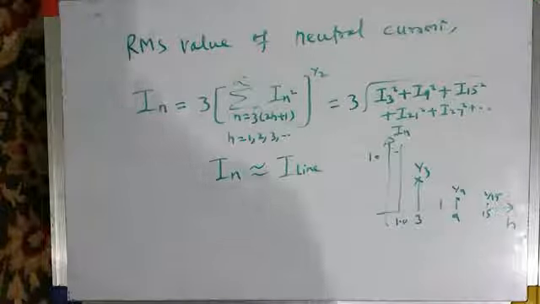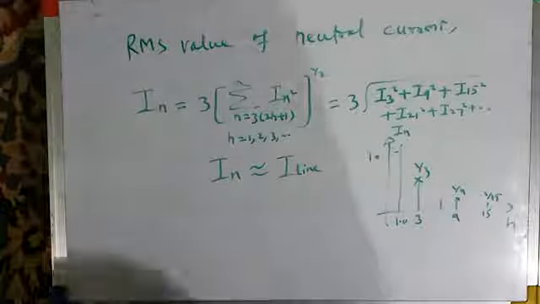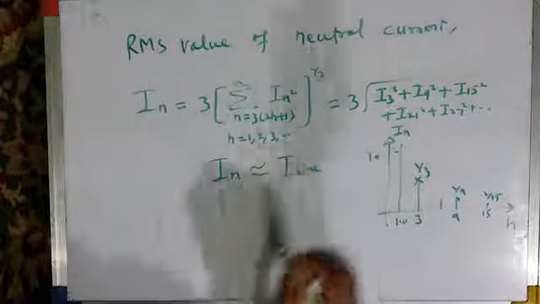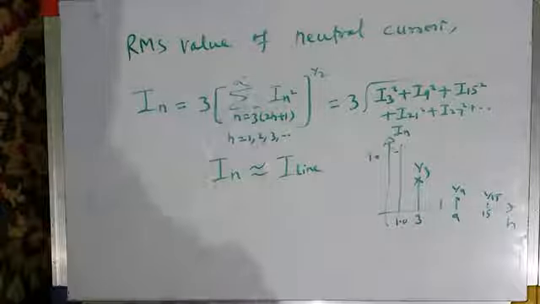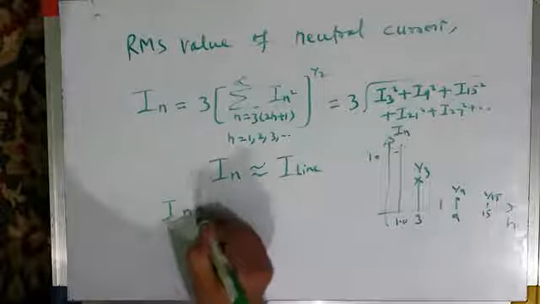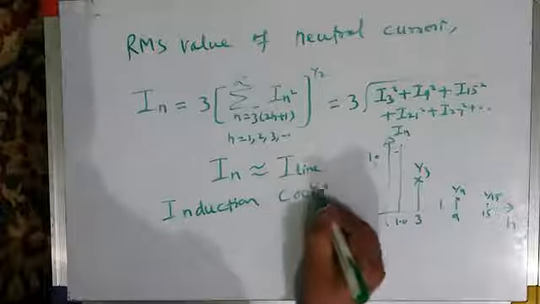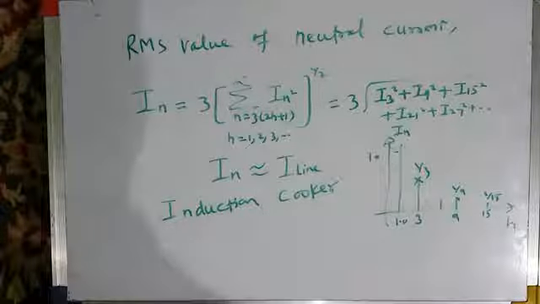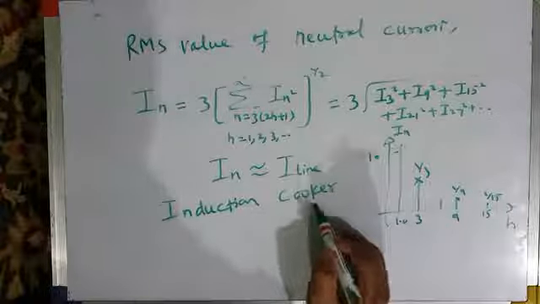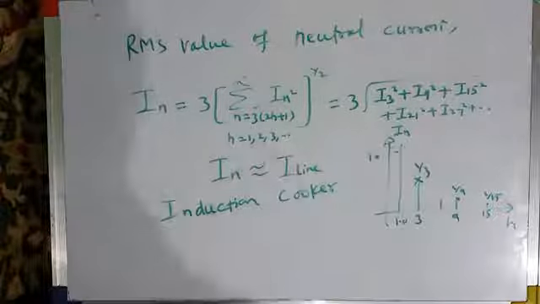And in modern loads, especially single phase loads, let me tell you, we are using, even in domestic applications, various power electronics based single phase loads, like your induction cooker. It is a power electronics based system. It is using a front end AC to DC converter, which always draws triplen harmonics, third harmonics and multiples of third harmonics.